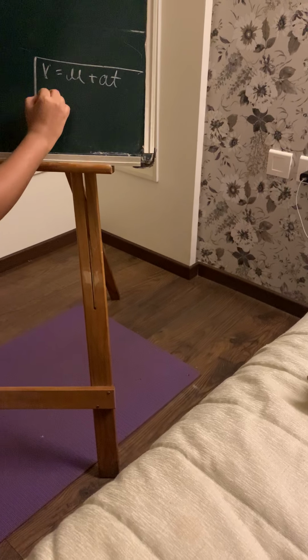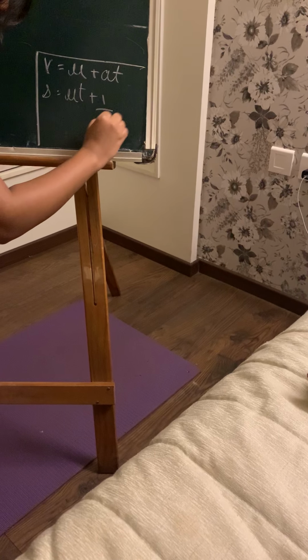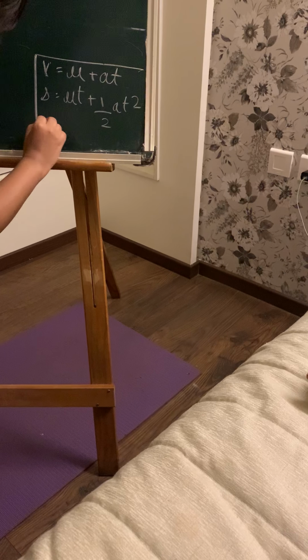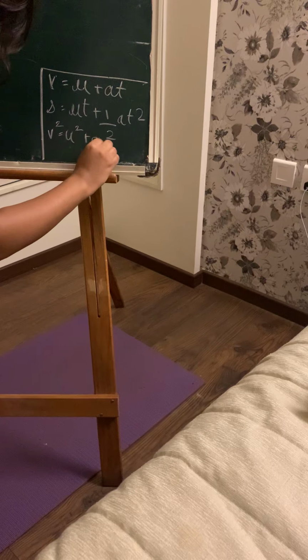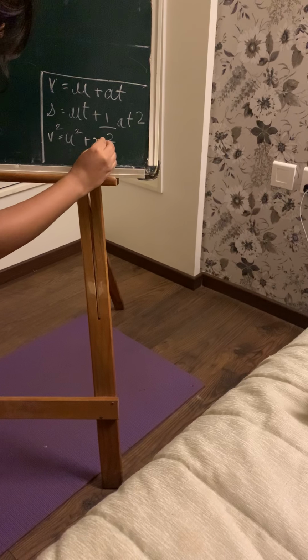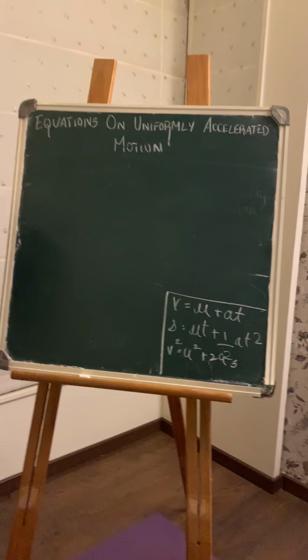V is equal to U plus AT, S is equal to UT plus half AT square, and V square is equal to U square plus 2AS. Okay, so here we have our three equations.